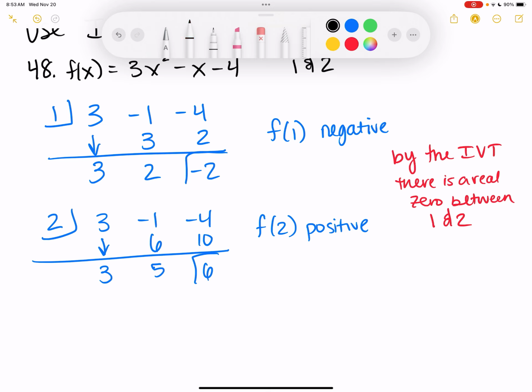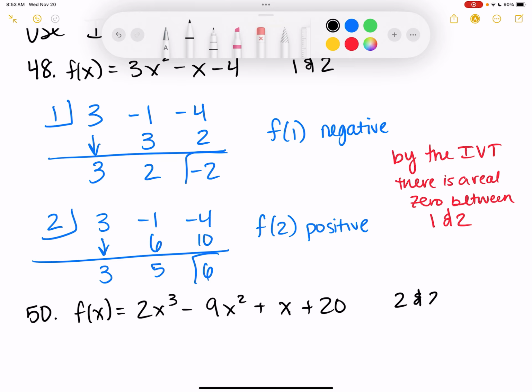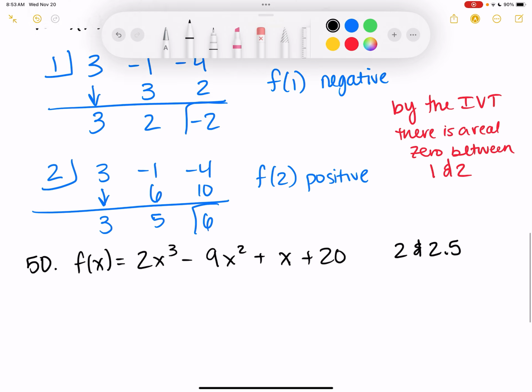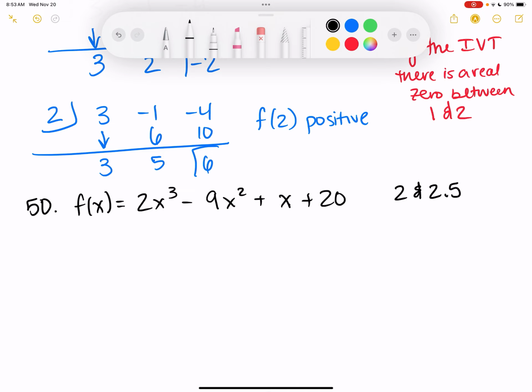One more of these ones. 50, f of x equals 2x cubed minus 9x squared plus x plus 20, and the numbers are 2 and 2.5. So I have a decimal one this time, which isn't necessarily fun, but that's okay. So 2 first, and then no missing terms.